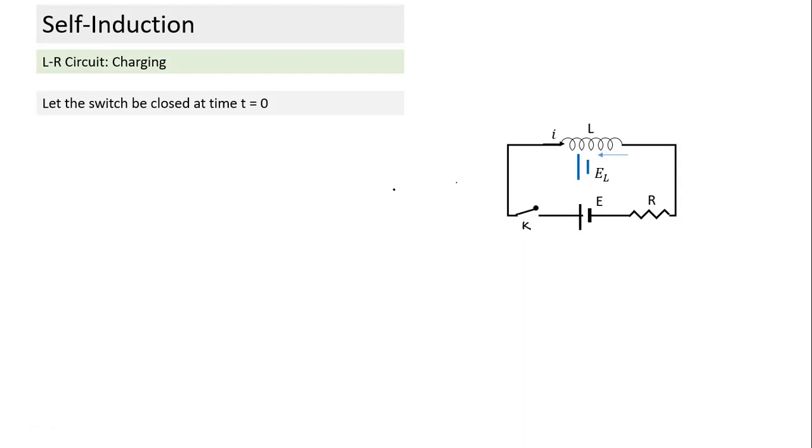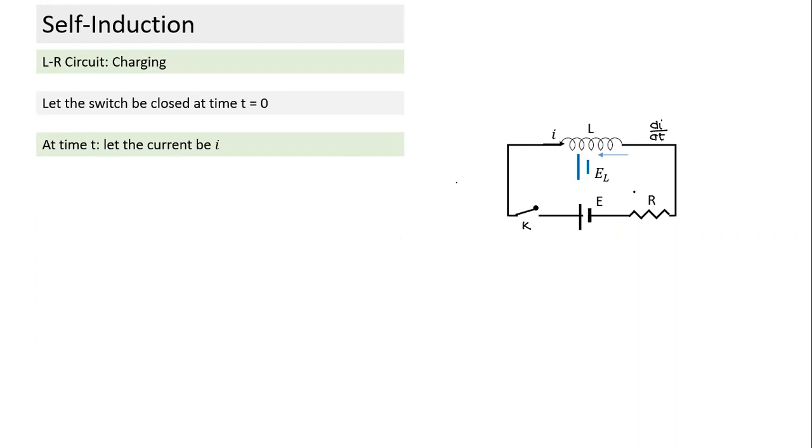We don't know how the current will go, so let's assume that at a certain random time t, the current is I, and the rate of change of current is dI by dt. I is the current at a particular time, and dI by dt is the rate at which the current is changing.